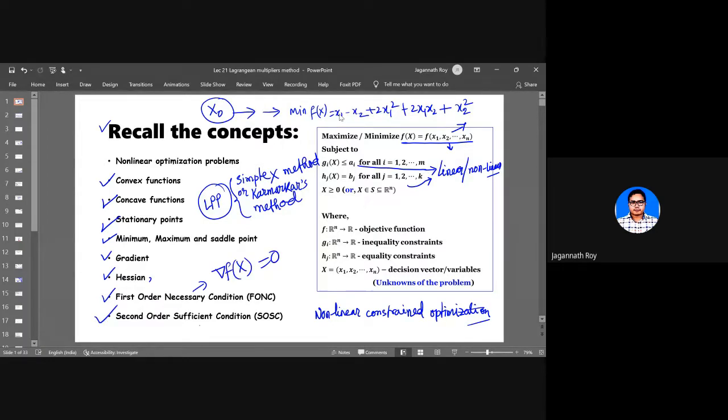Then the Hessian, h of x, is either positive definite, positive semi-definite, negative definite, negative semi-definite, or indefinite. Depending on that, we can decide a maximum point, minimum point, or saddle point. So all these concepts we have to recall, and then we proceed further.